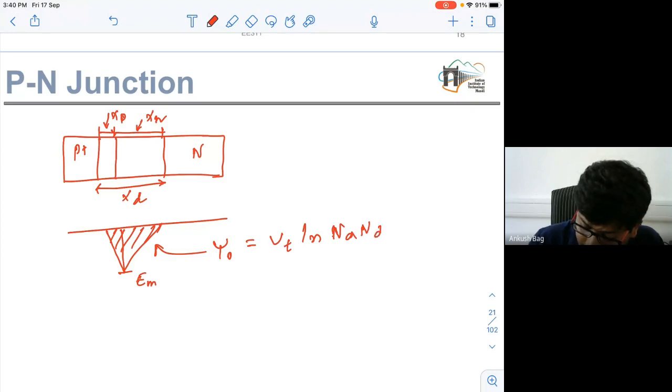I square. And then we calculated this xd after calculating psi naught, and then considering this area under this electric field is the built-in potential.